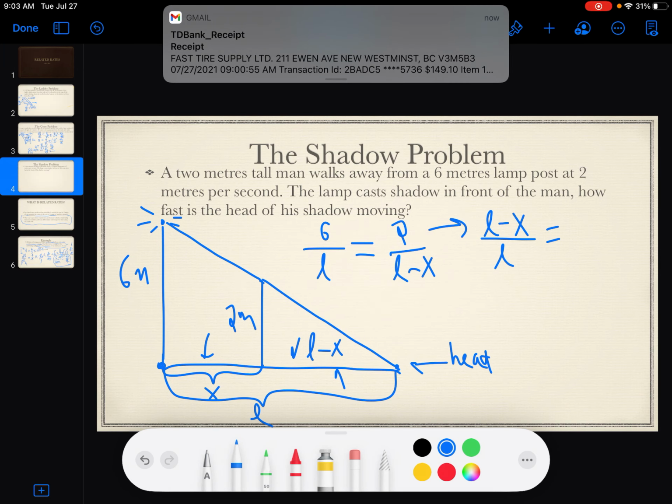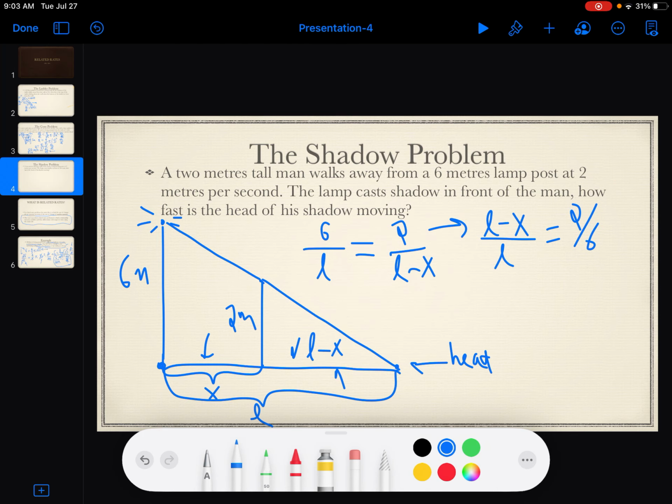So I get 2 over 6, which I'll just write as 2 over 6 for now. And I can simplify this a bit more. Let's collect all the L's on one side and all the X's on the other. We only have one X and one L, and we got this constant, 2 over 6.